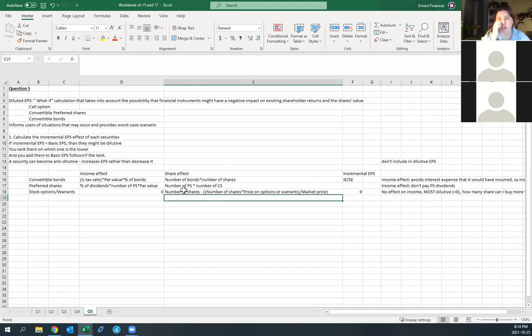Basically, I'm going to do the calculation later, all spread out. It will make more sense. So yeah, that's it for the theory. Also, the stock options and warrants are the most dilutive. They're always going to equal 0 because your income effect is 0. So this should always be rank 1.